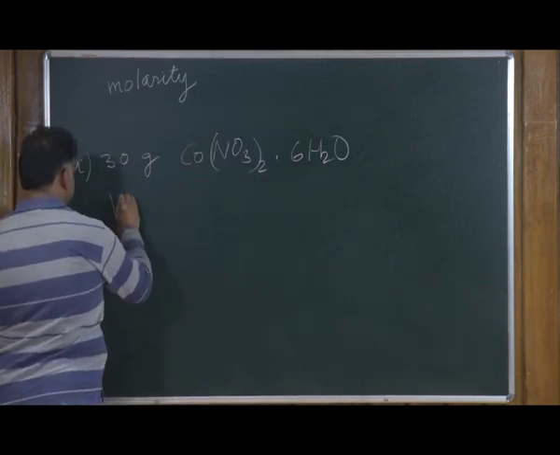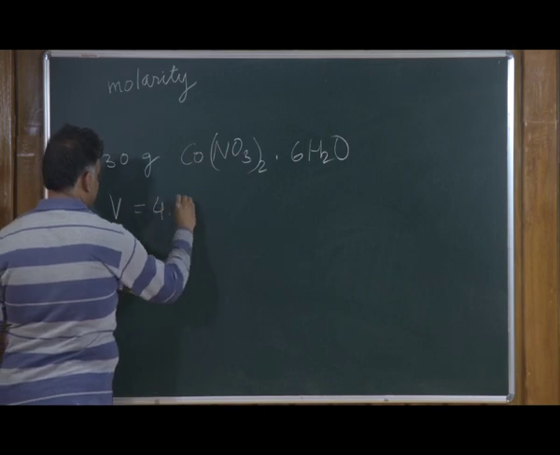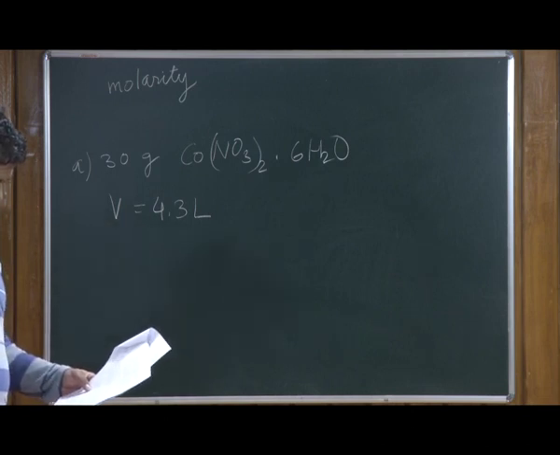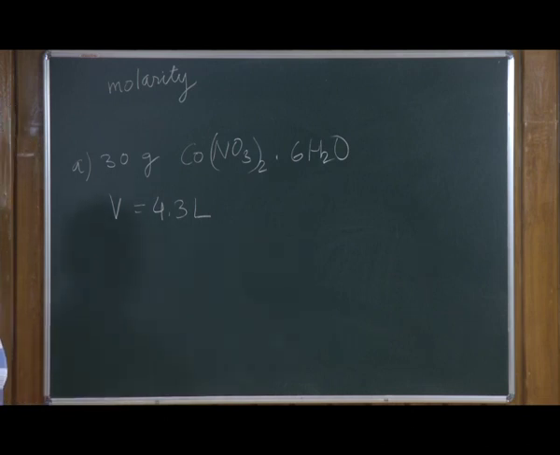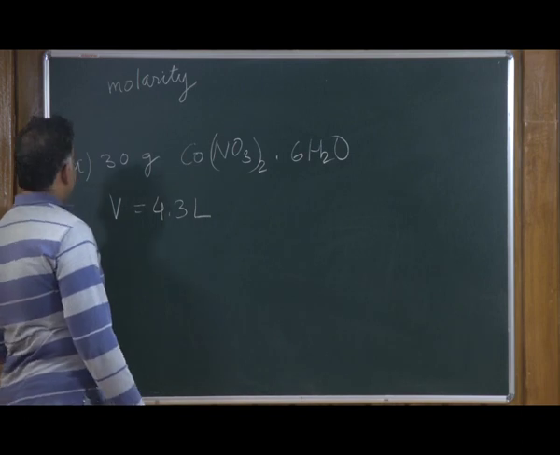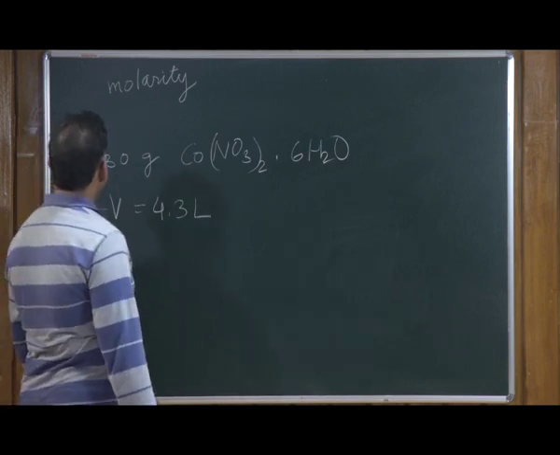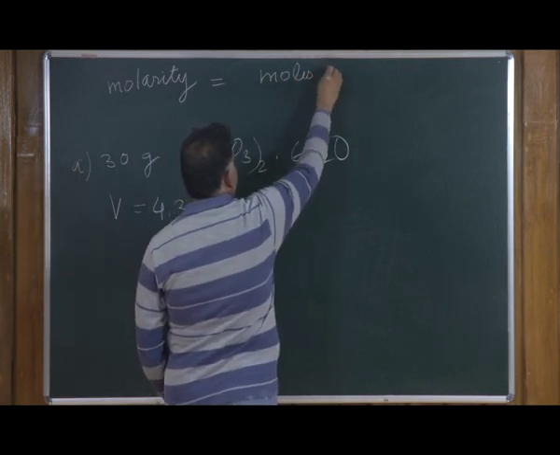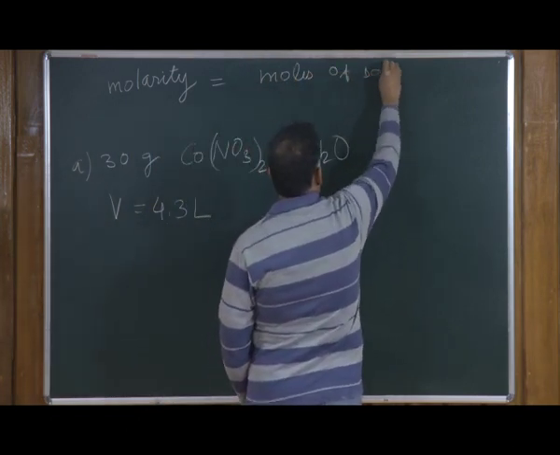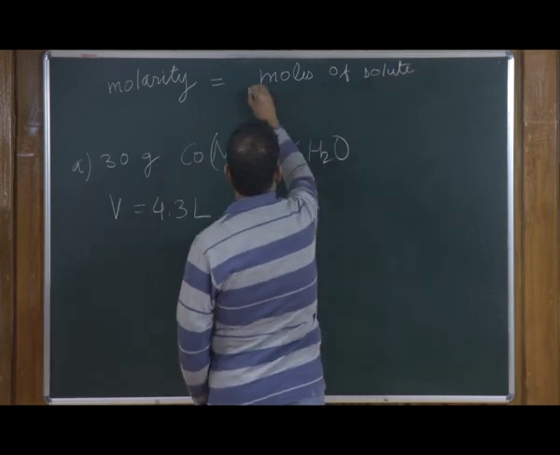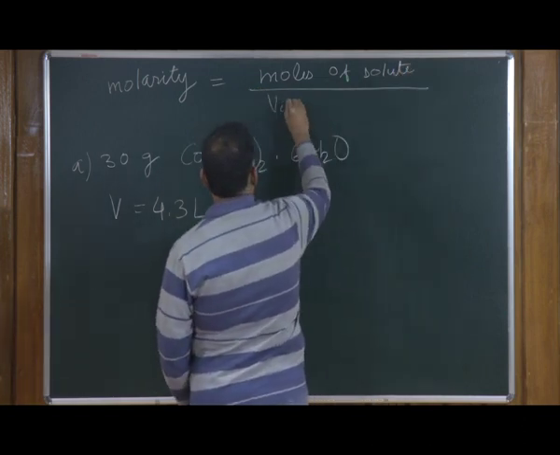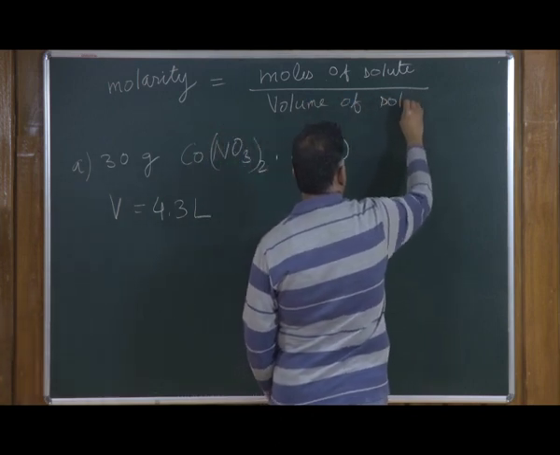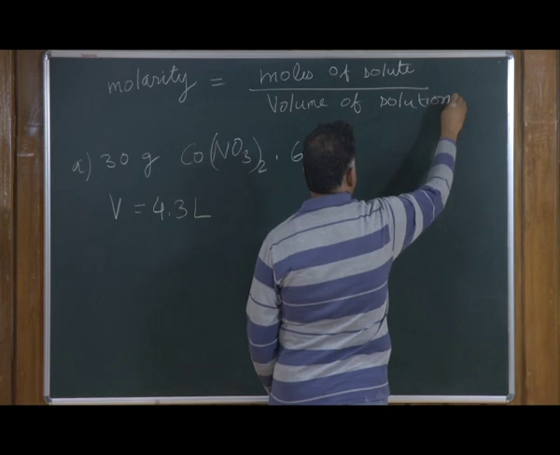So, volume of solution is given as 4.3 liter. This is the volume of solution. So, we are asked to calculate molarity. Again, going back to our ABCD basics. So, the definition of molarity would be moles of solute divided by volume of solution in liter.